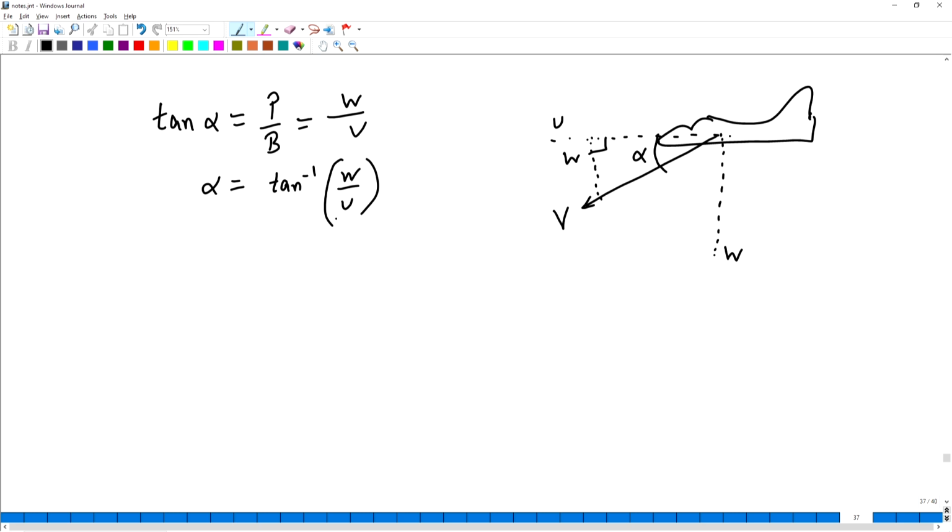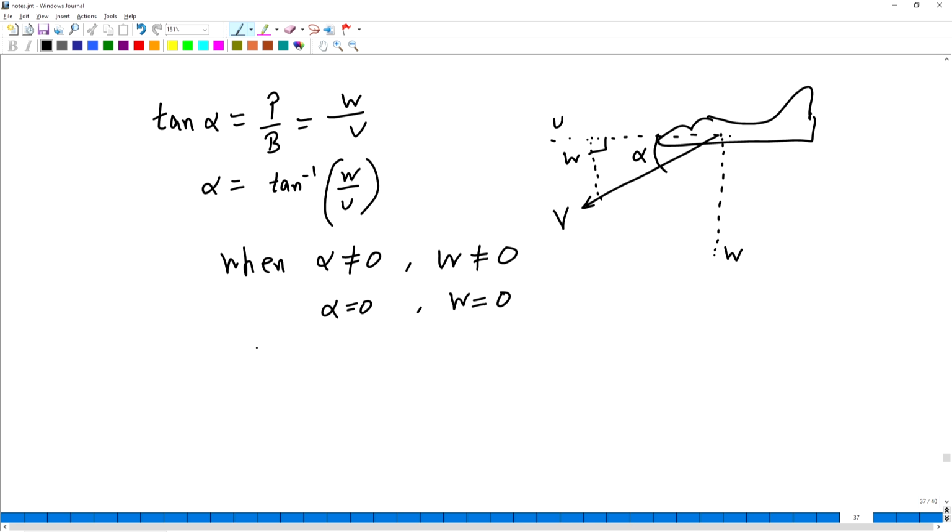And one more thing, we know that when alpha is not equal to 0, then obviously w will also be not equal to 0. But when alpha is 0, that means velocity is acting directly in the forward direction, body x direction, then w will be 0.